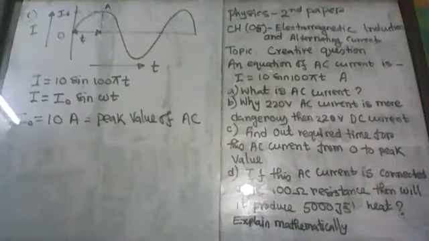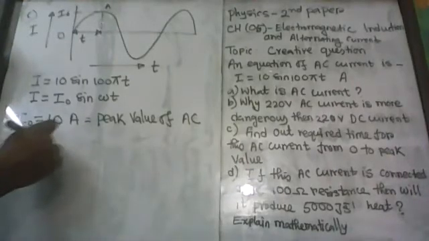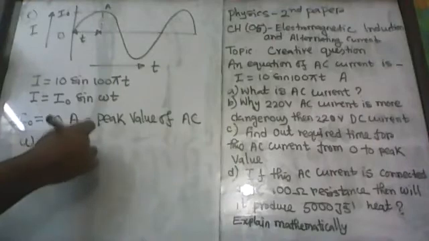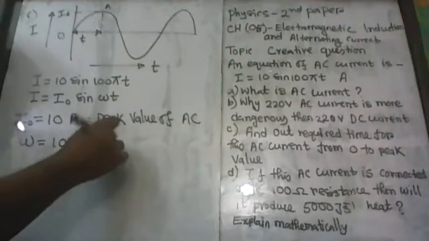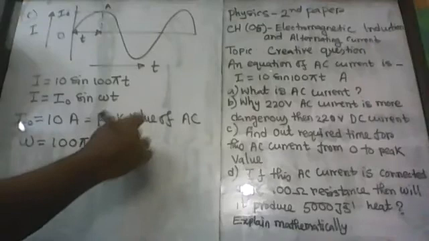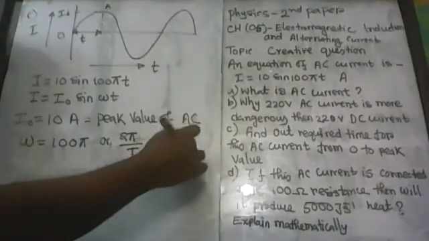Now, if you compare the two equations, what is the value of angular frequency omega? You must say, sir, omega equals 100 pi. Since omega equals 100 pi, I'm going to find its time period. You know that omega equals 2 pi divided by capital T, which equals 100 pi.